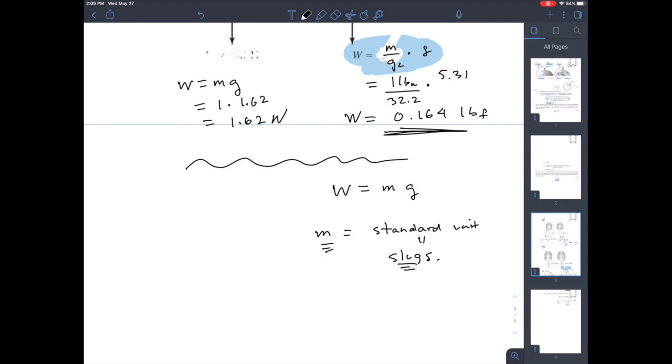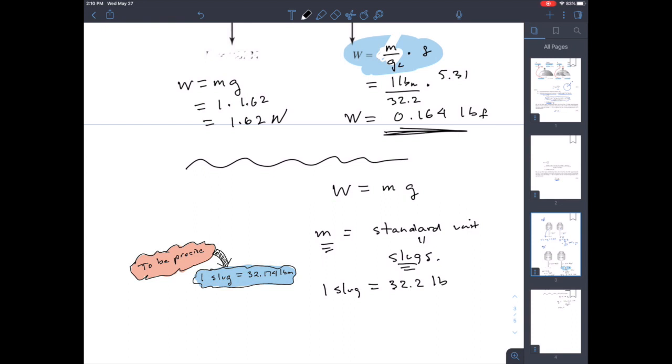It turns out that the definition of a slug is that one slug is 32.2 pound mass. So if you simply do this unit conversion, you're good, because you can always convert pound mass to slugs and apply the formula.